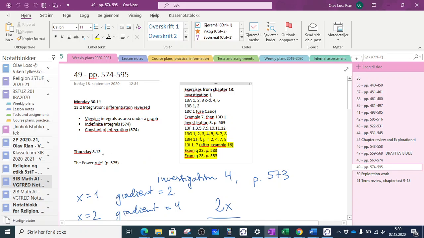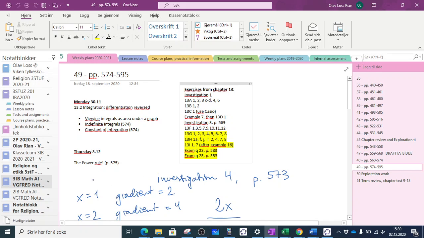Third example. Integrate over the function 4 divided by x squared dx. Okay, here we have x squared at the bottom of the fraction here, so it's the denominator.